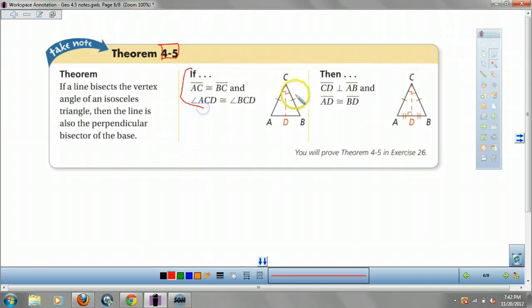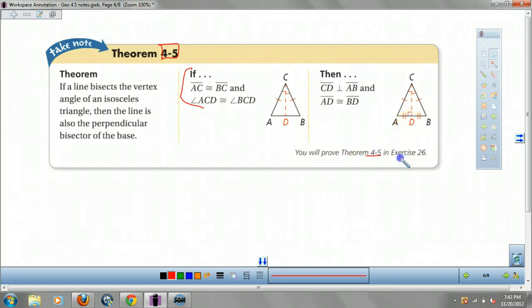So what it says is if you cut this angle in half, and you know these two sides are congruent, so you know it's isosceles, then you know this is perpendicular and a bisector. Cut the angle in half, you cut the side in half for isosceles triangles. Cut the angle in half, cut the side in half, right angle.